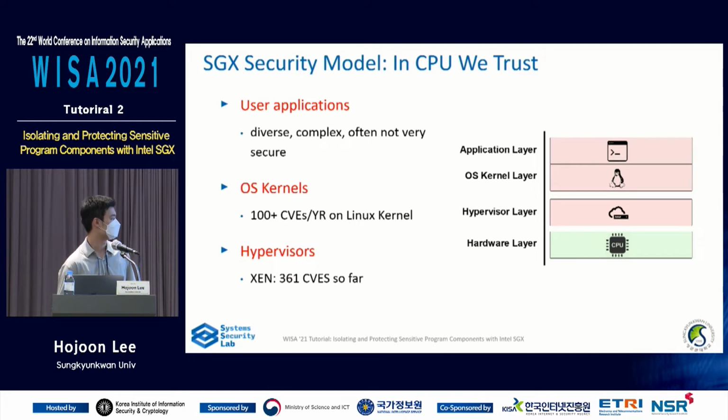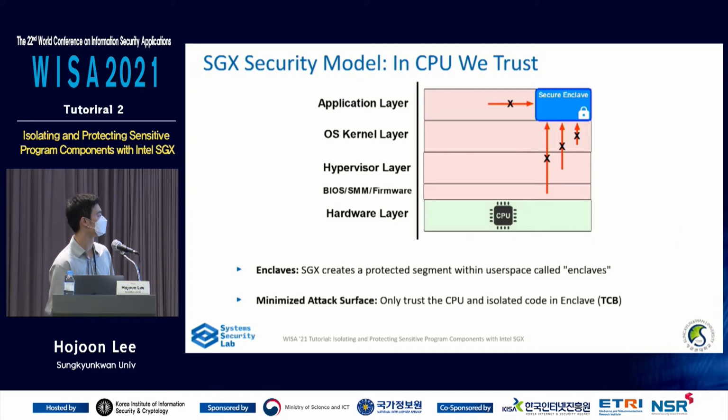So even though hypervisors have fewer bugs than the kernel, that doesn't mean hypervisors are necessarily safer. Hypervisors are also software written by people, and it's inevitable that we have bugs in them.